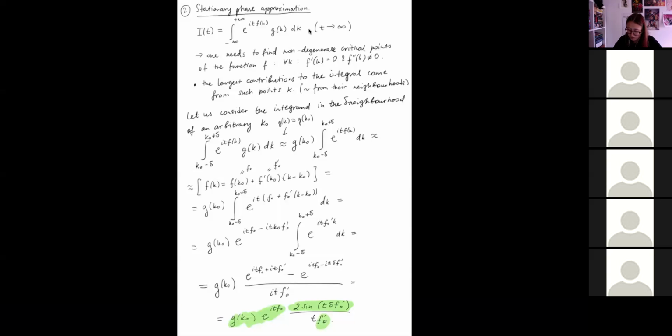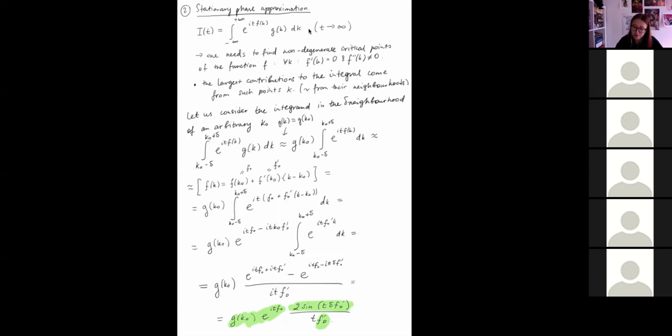The other two are just some constants which depend on g at k0 and f at k0, but we divide by f prime, so we divide by the first derivative of f at the point k0. And the smaller that derivative is, the bigger the whole value of this expression gets.